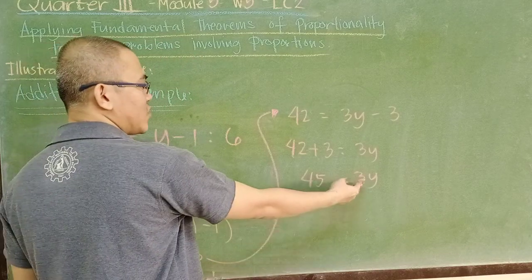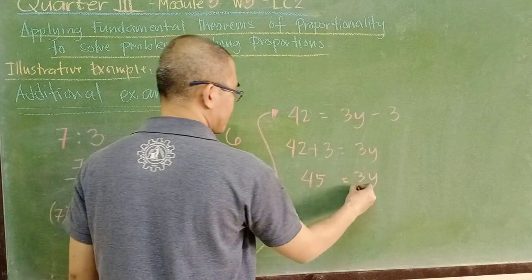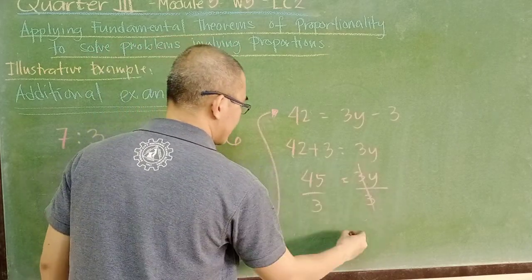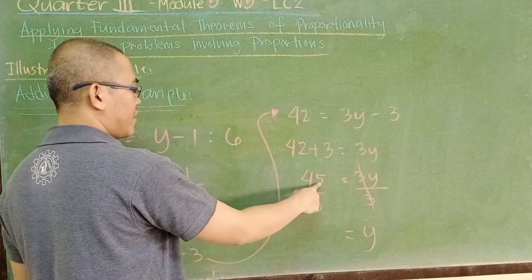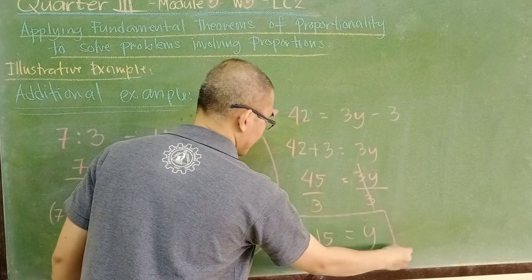Next, how do we cancel what is with the y? To cancel the 3, we divide both sides by 3. Cancel. 45 divided by 3 is 15.